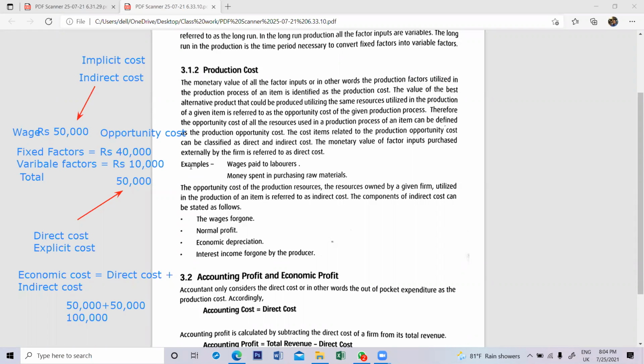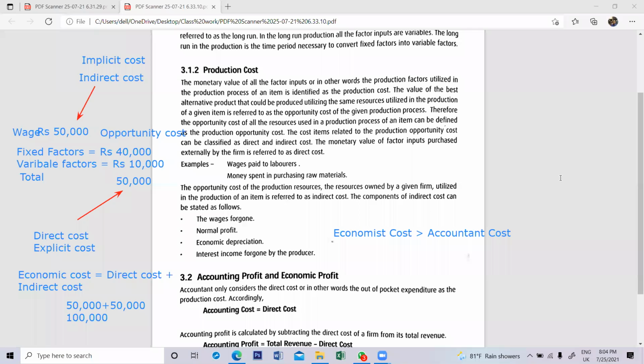Therefore, the economist's cost of production is always greater than the accountant's cost of production when there is an implicit cost of the production.